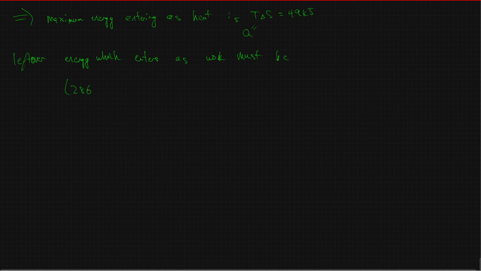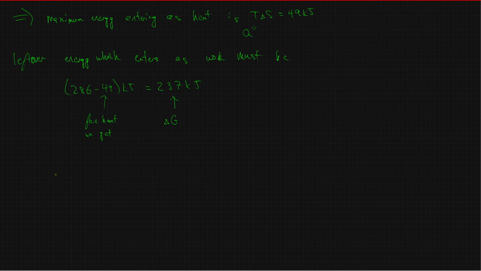So that's what we started with. We just showed that we can get this much heat for free, so we subtract off that 49 kilojoules, and that gives us 237 kilojoules. So this was the free heat that we get. And this ends up being precisely what delta G is.